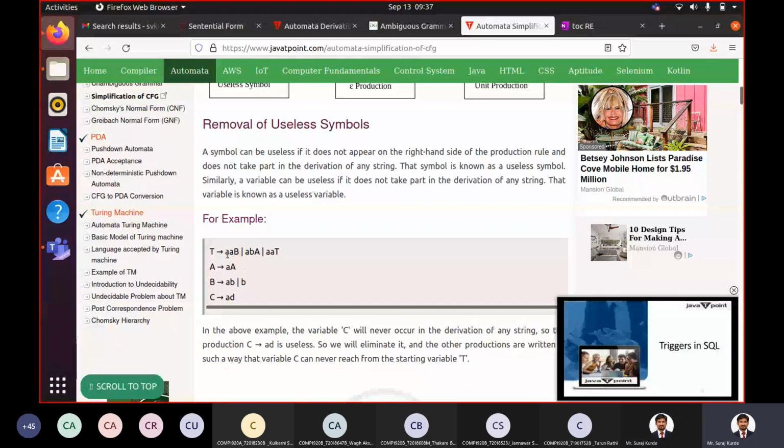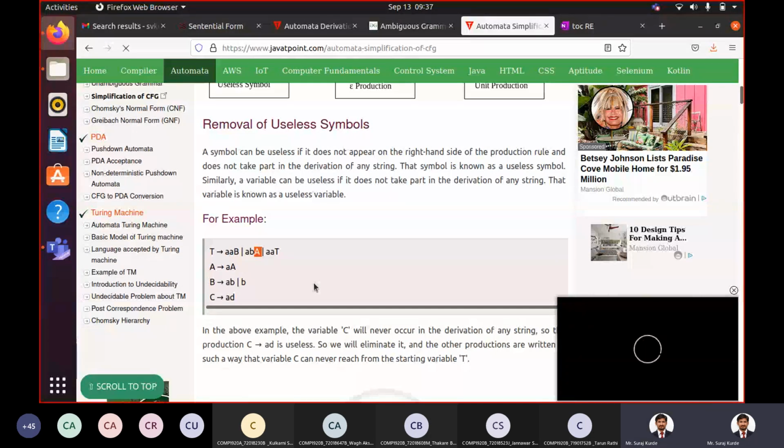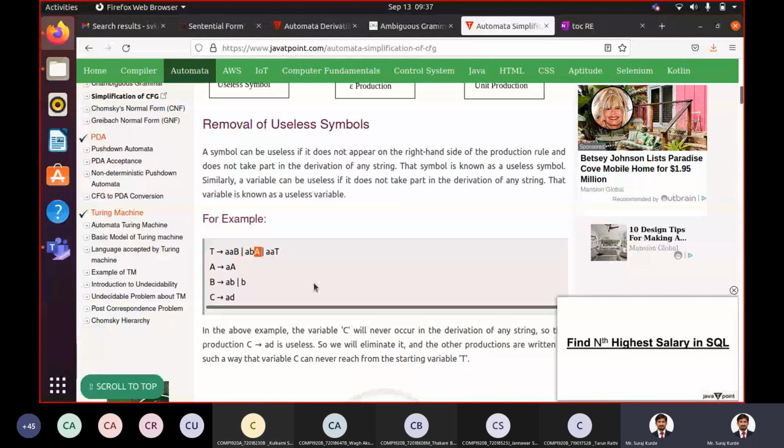Now, from T we reach this part, A. As we are removing this part, we have to remove A on the right hand side because there is no production rule for A. Wherever capital A occurs on the right hand side, that production rule needs to be removed. The only remaining productions are T produces AAB or AAT, then B produces AB or B. So it produces small letters, and those are terminals.